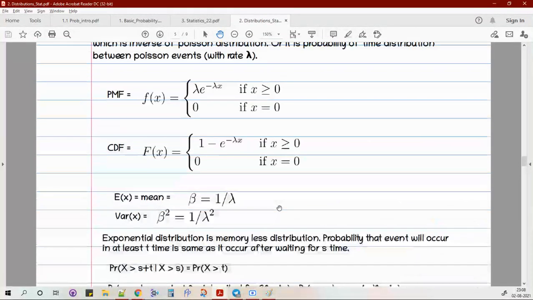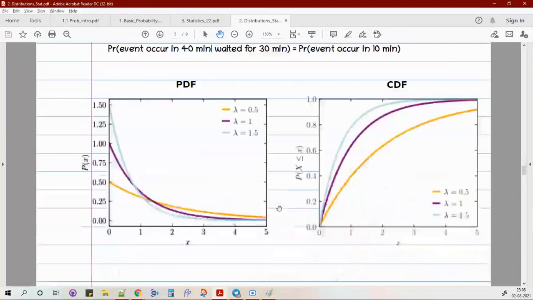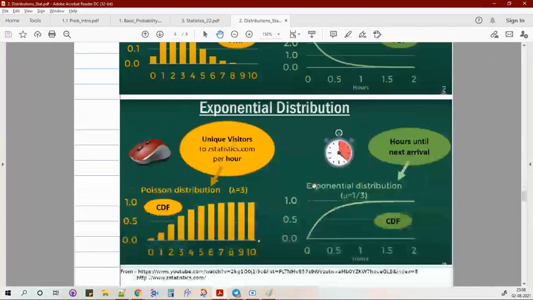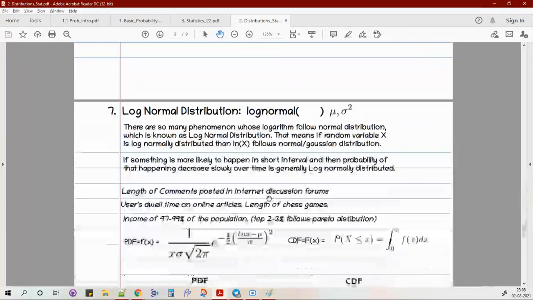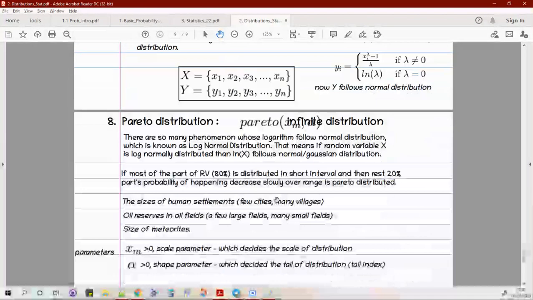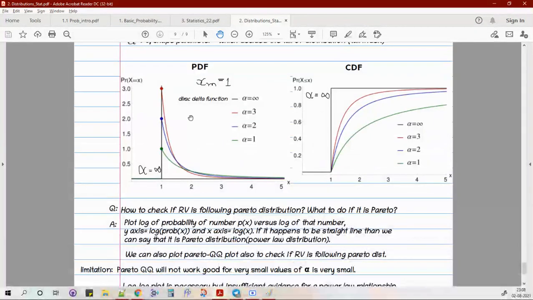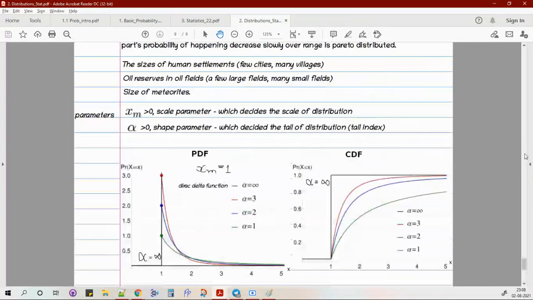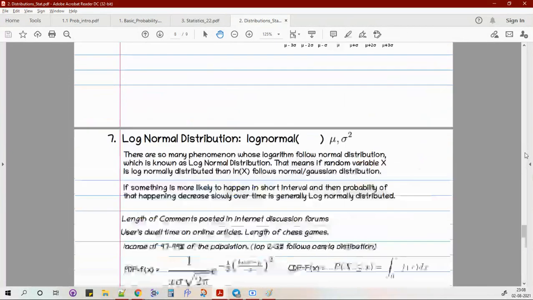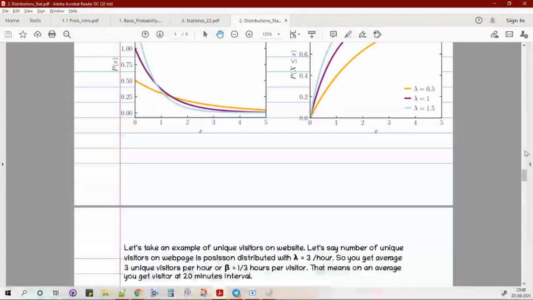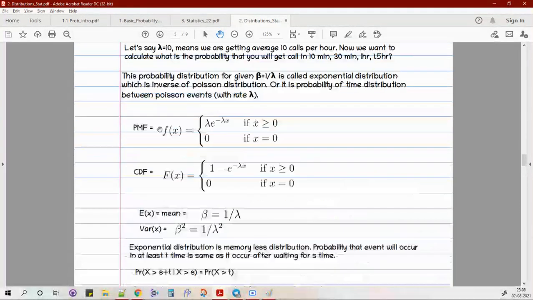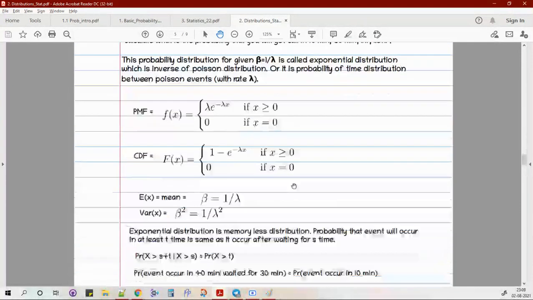Am I making any mistake? Do we have any other distribution like this? We have this Pareto. Yes, it is also looking like exponential, but it is falling drastically. Okay, I guess I need to see for applications, but yes, this exponential distribution.